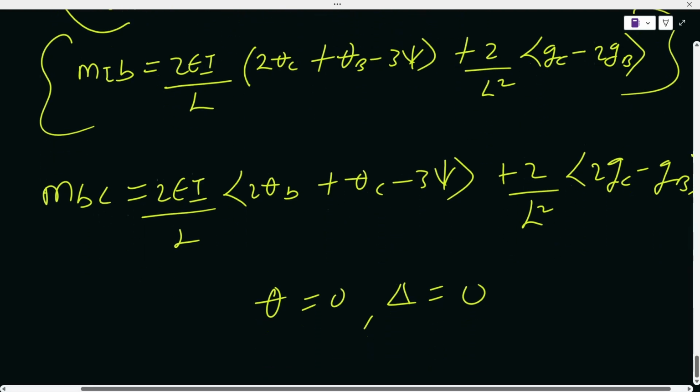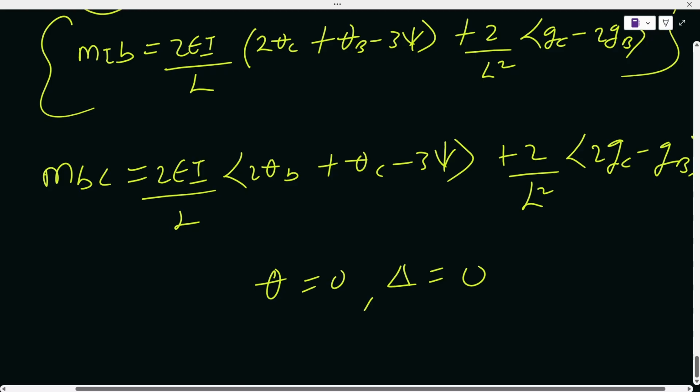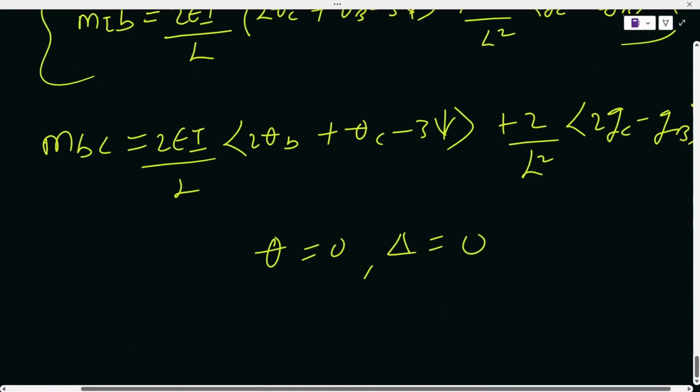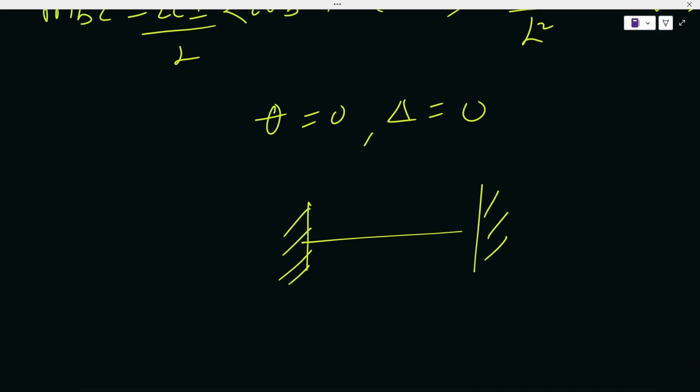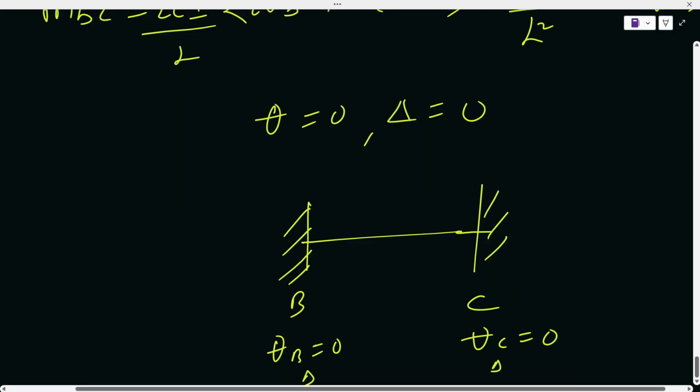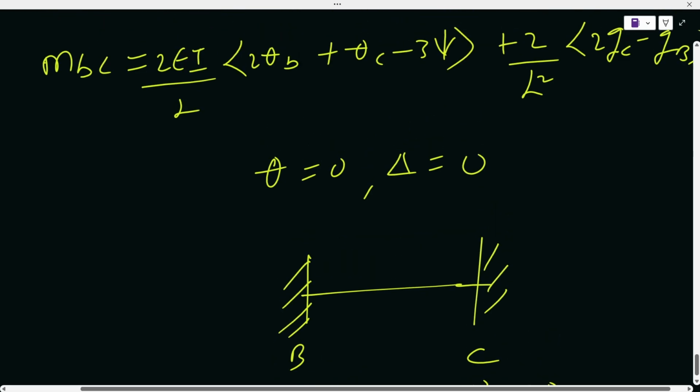The only way you can convert it to a fixed end moment is if you have it fixed at both ends, that is B and C. So it means that theta B will be 0, theta C will be 0, and likewise delta will be 0.